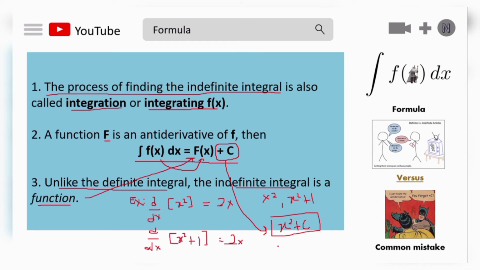Because this is an integral, when we put the integral of 2x dx, we get x squared plus c.